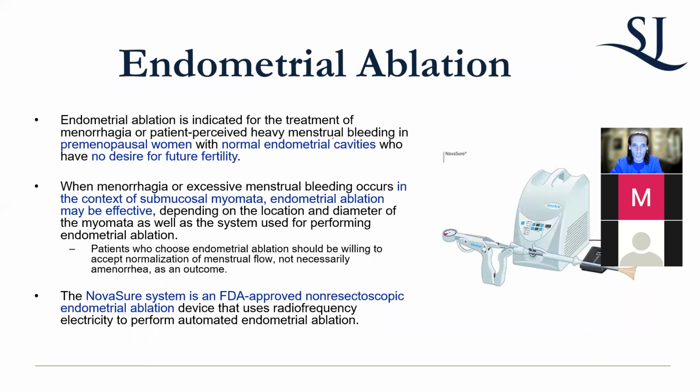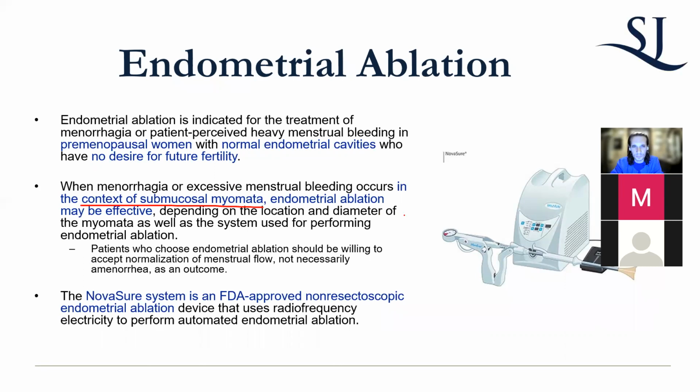Endometrial ablation is a procedure where you use radio frequency ablative techniques to essentially cauterize the endometrium. So the inner part of where you were bleeding is no longer functional, okay? It can be effective on that basis, but really it's only helpful if you have submucous myomas.